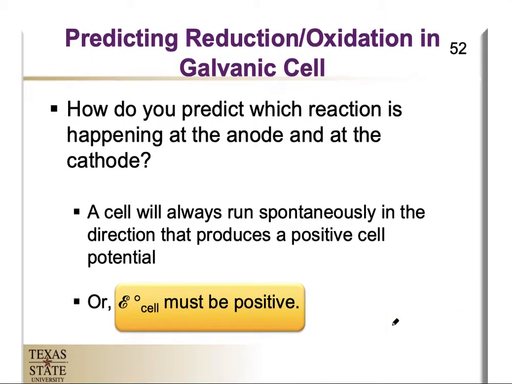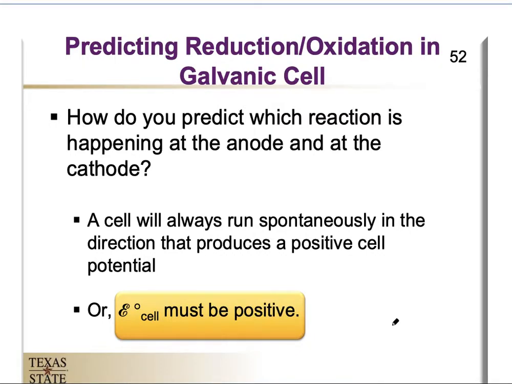All right, so how do we predict the reduction and the oxidation in the galvanic cell? Well, I already told you that the most positive reduction potential will be your reduction. The other one becomes the oxidation. The reason for that is that your cell potential needs to show a spontaneous reaction. A spontaneous reaction will produce a positive cell potential.